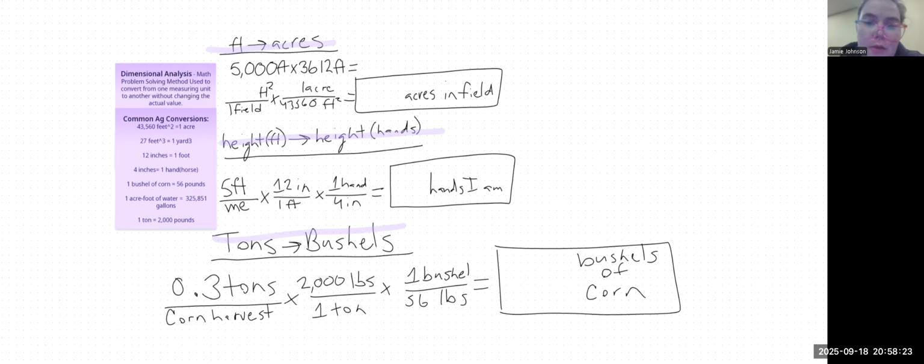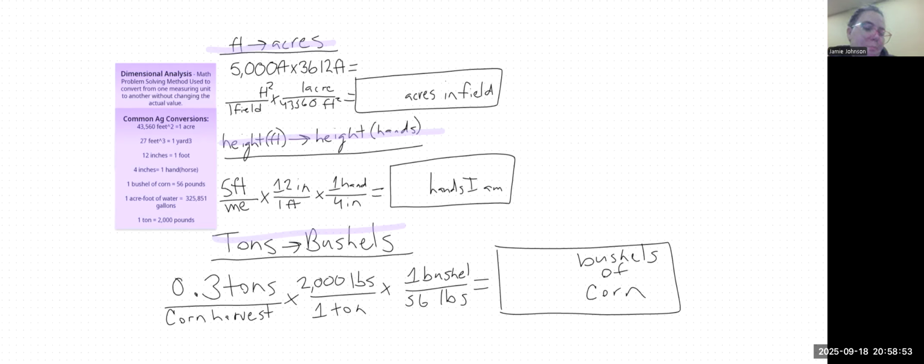Dimensional analysis, if you refer to these fun little sticky notes that I drew up on a whim just before I recorded this video, is a math problem solving method used to convert from one measuring unit to another without actually changing the true value, or the actual value, of that number.